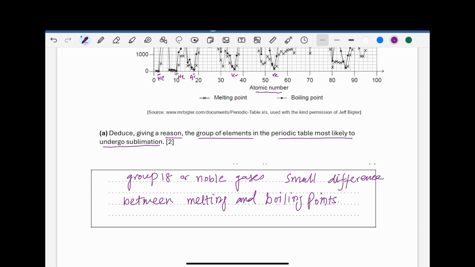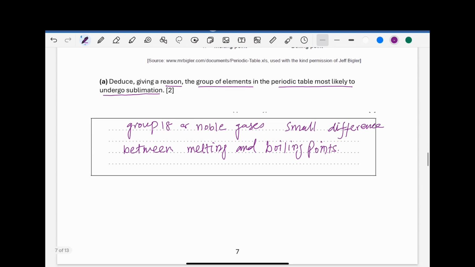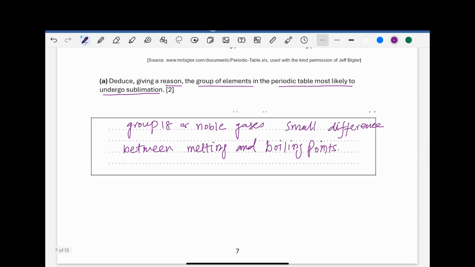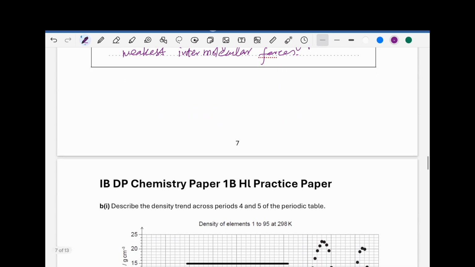We can also say in terms of intermolecular forces. So they have the weakest intermolecular forces, London dispersion forces. Hence they have low melting and boiling points.